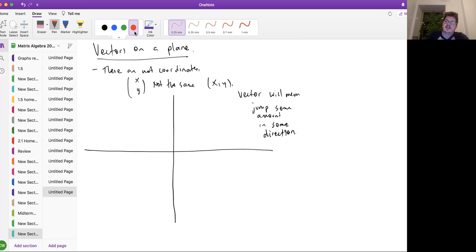So if everyone's jumping at different locations, jump the same way and by some amount, then instead of calling all of these vectors the same, that'd be hard to work with, right?